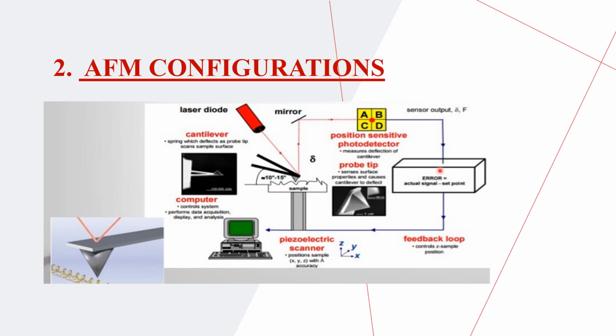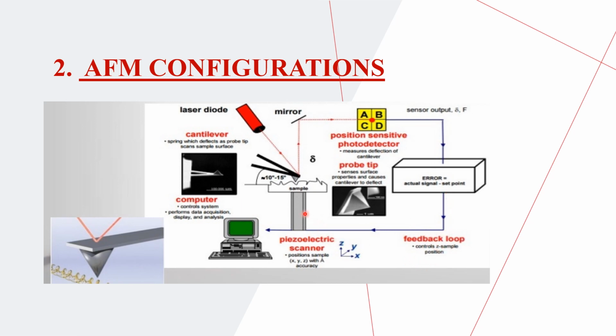Now if there is any change in the set point from the actual signal, then it leads to an error, and this error is generally corrected by the feedback loop which controls the Z sample position.